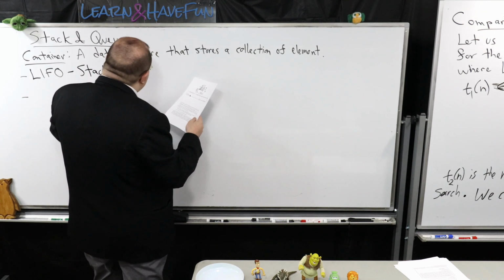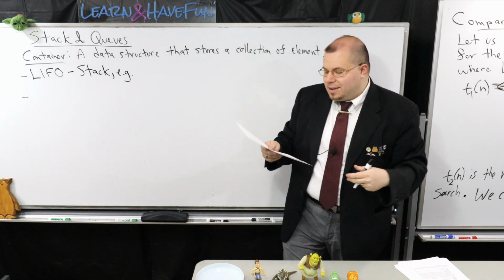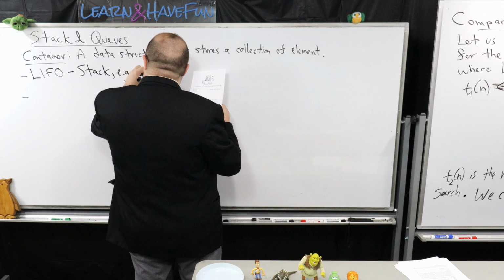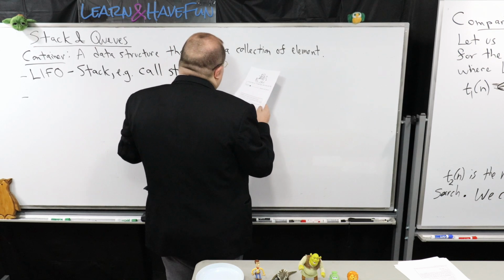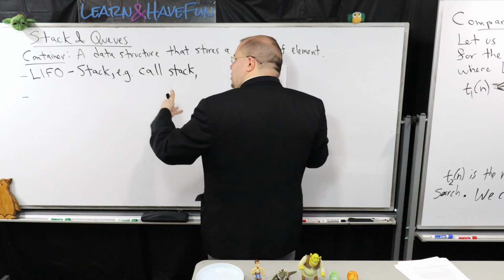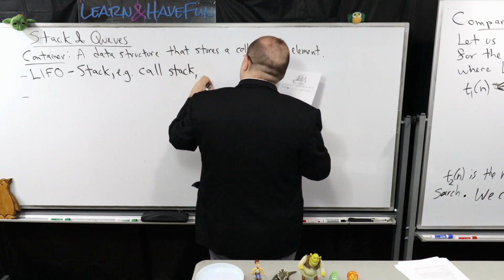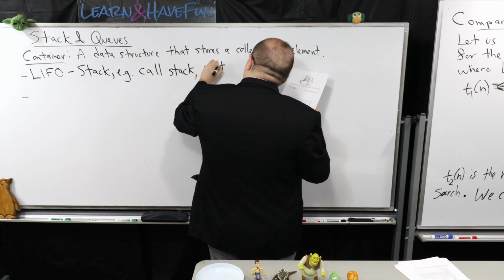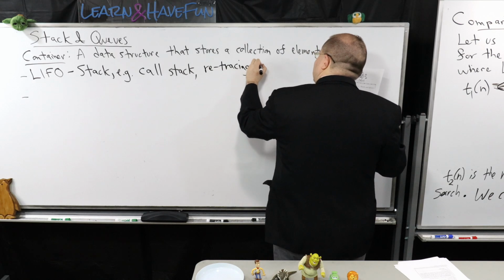We've actually seen some examples of where you would have this as a fundamental process. For example, we talked about the call stack. A call stack is a good example of modeling a given problem or system using a stack. Another way you can run into a stack very often is through retracing steps in a search.